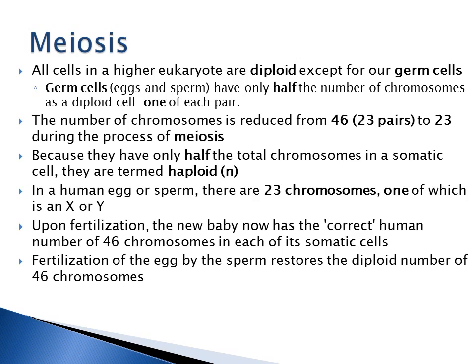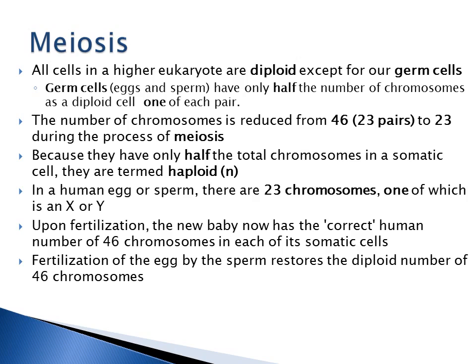Now meiosis is similar to mitosis, but then you have a second division. Higher eukaryotic cells are diploid. However, our germ cells, which include our eggs and our sperm, are haploid.